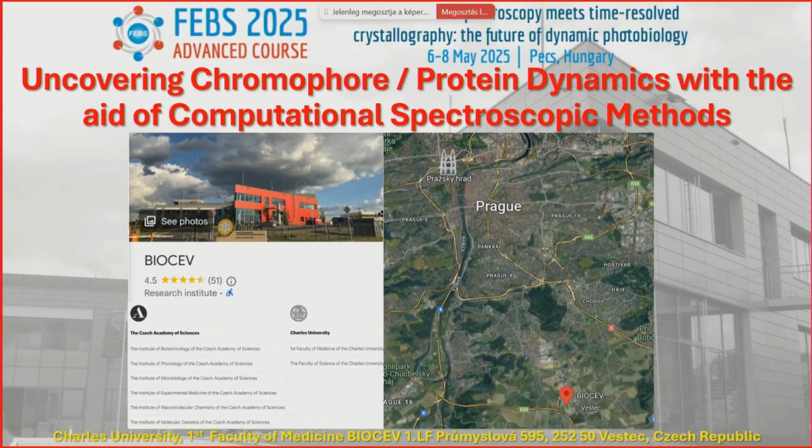The idea behind BioCEF is that labs from different institutes of the Academy of Sciences and Charles University are housed there instead of their parent buildings, to help share equipment and foster collaborations between the different labs.